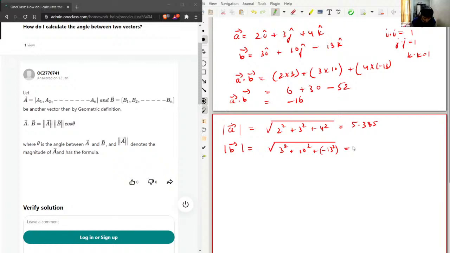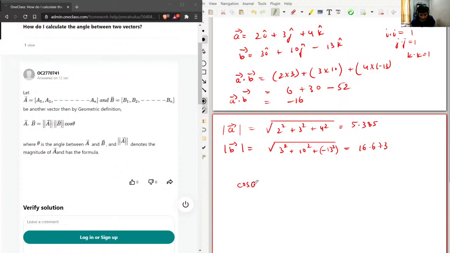So it will become 3 square plus 10 square plus 13 square, square root of the answer, and that is 16.673. Now I'll just go with the formula.